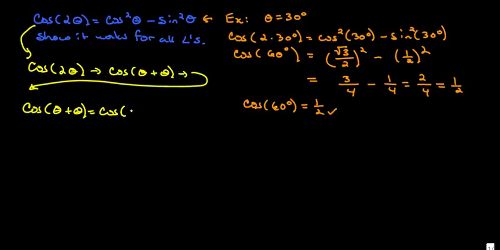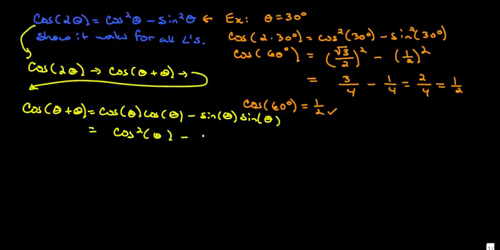So that'll be cosine theta times cosine theta. So the cosine of the first times the cosine of the second. Now it's going to be minus the sine of the first times the sine of the second. And so that's going to give us cosine squared theta minus sine squared theta.